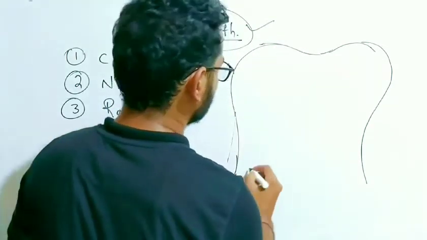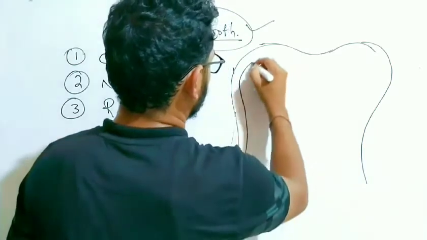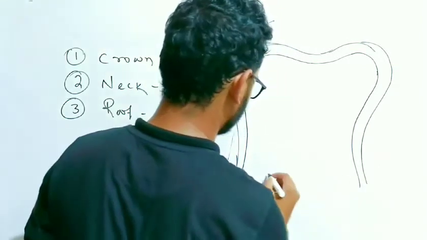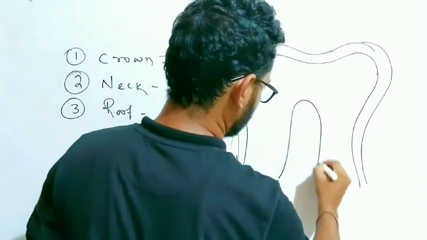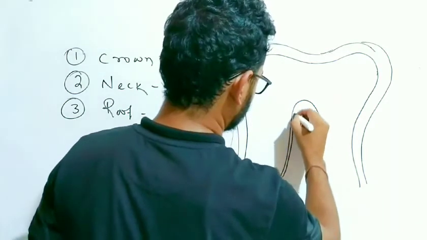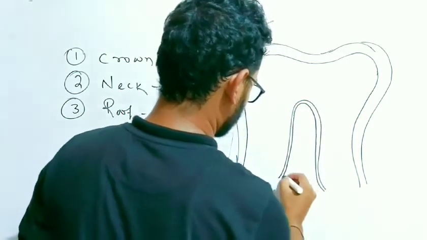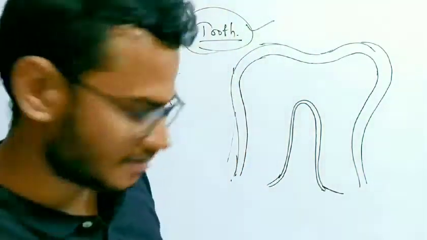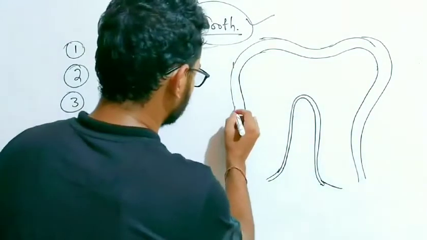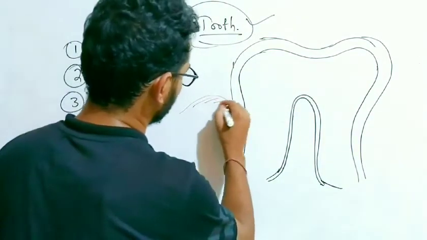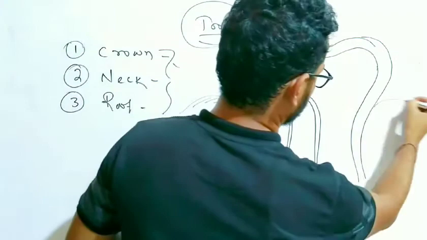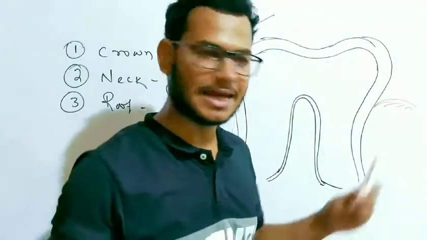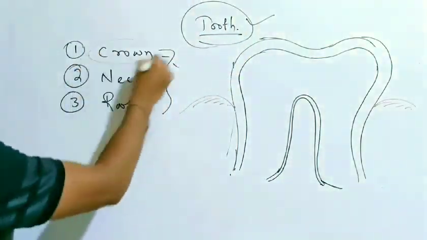So it has three different parts, as I have already told you. This is the part where our gum is present. Okay, so the part which is seen above the gum, I have told you, is the crown.